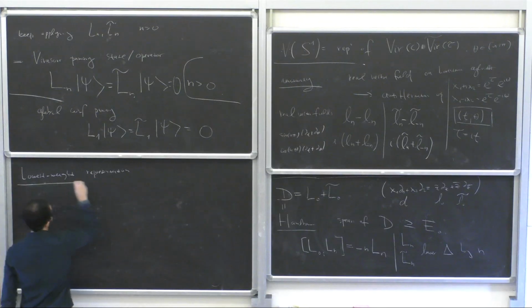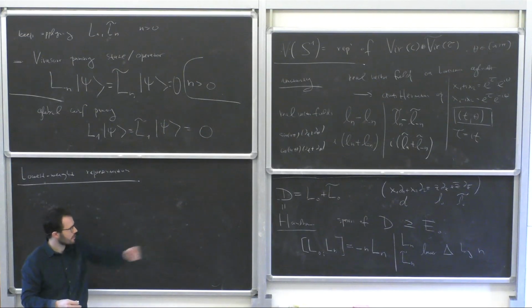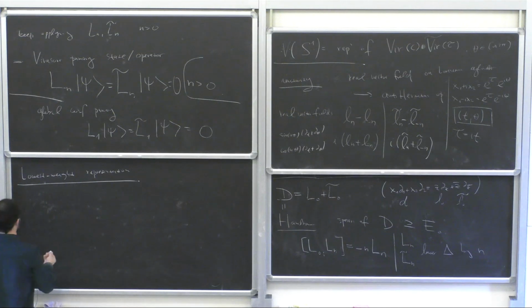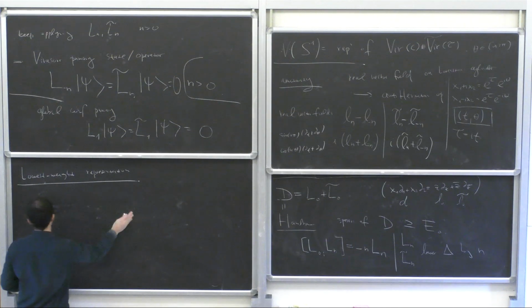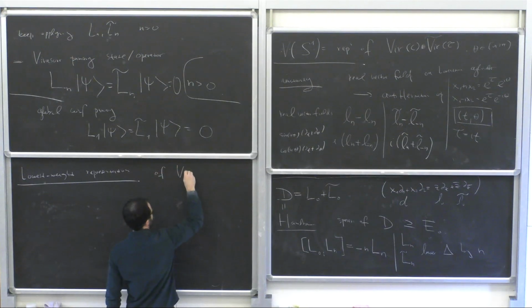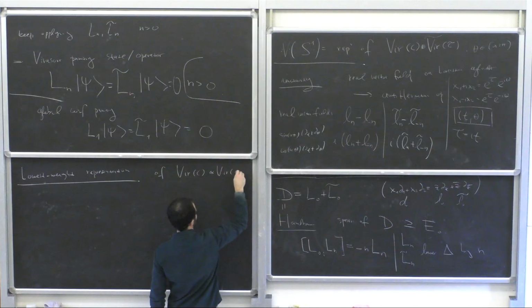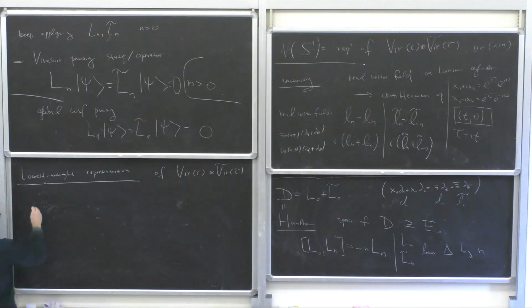Notice that the 2 Virasoros, which are usually called left-moving and right-moving, or holomorphic and anti-holomorphic, the Virasoro and Virasoro tilde, don't talk to each other, so we can talk about them completely separately. So the lowest weight representations of the 2 Virasoros can be written as a tensor product.